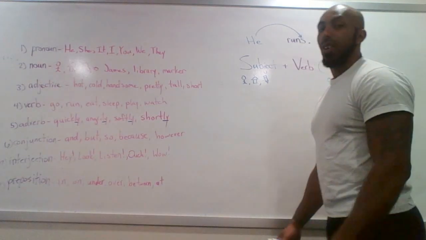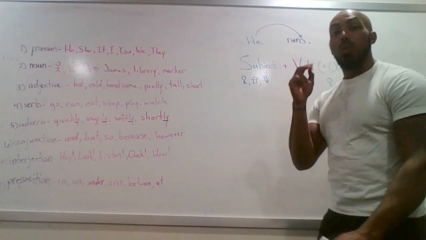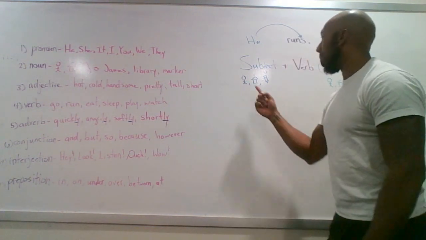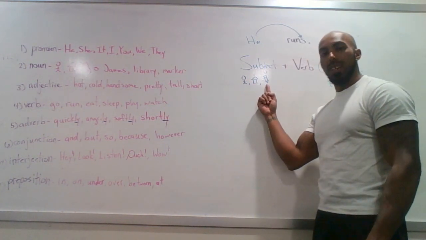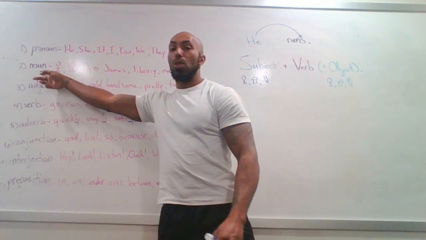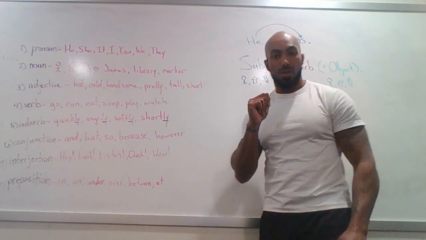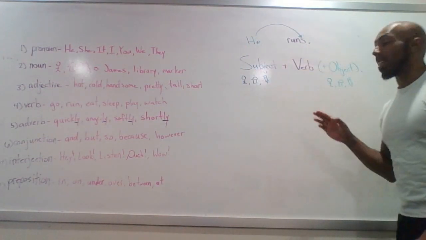Okay. Now, let's talk about our subject first. A subject is one of three things: a person, a place, or a thing. Does that sound familiar? That is the same thing as number two, a noun. So a subject is just a noun. Okay. Now, let's look at the object.